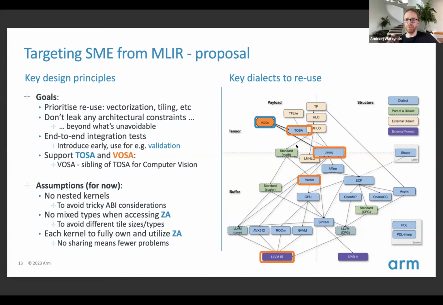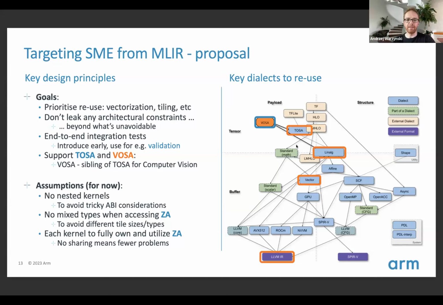We won't support using mixed types when accessing ZA, because then your virtual tile sizes will differ, and again, you have to keep track of not accessing overlapping tiles. That's another complex problem that we'd rather just avoid for now.